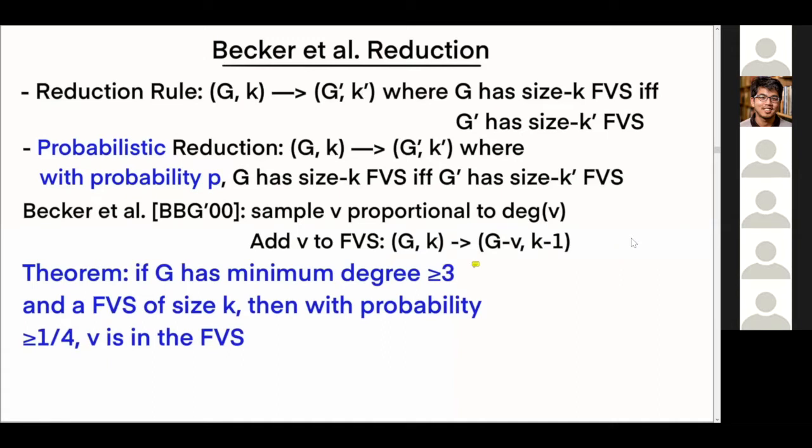And they show that if G has min degree 3, which is our assumption, and the instance has a solution, so G has an FES of size K, then with probability at least 1/4, V is in the FES. So in other words, by sampling a random vertex V proportional to its degree, this is a probabilistic reduction that succeeds with probability at least 1/4.